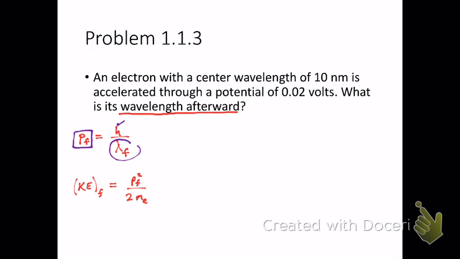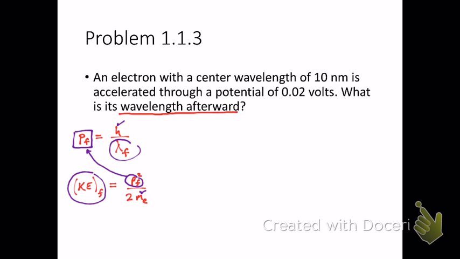So in this secondary equation, we really need to solve for P F, the final momentum, so that we can plug it in here. But we know that the electron mass is a constant, so we're going to give that a check mark. And at this point we need the final kinetic energy.